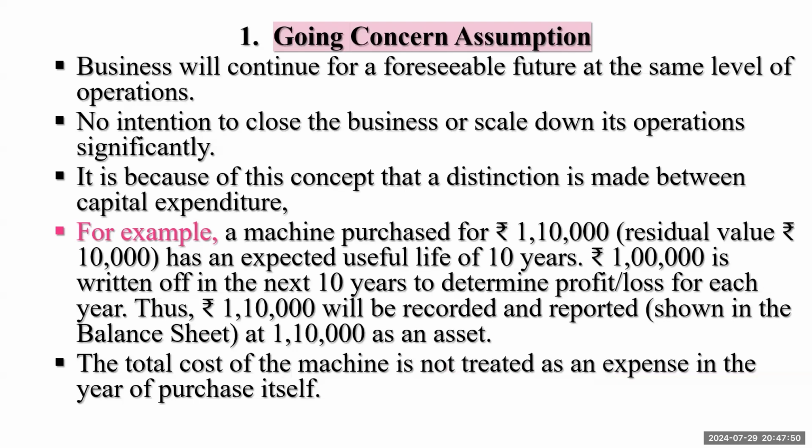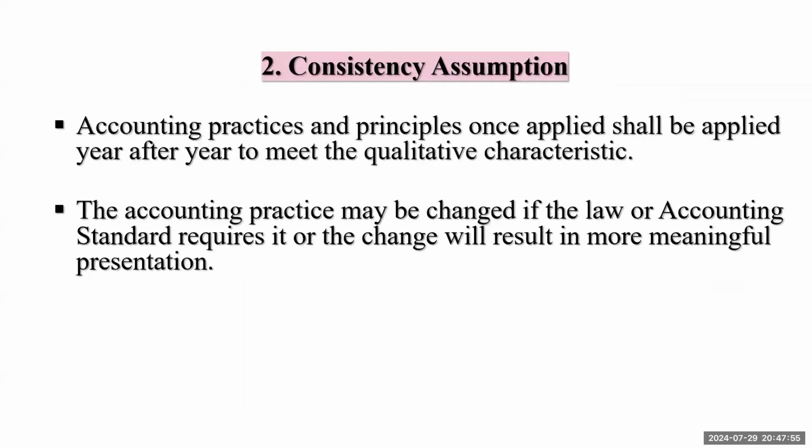Next assumption is the consistency assumption. Consistency means that accounting practices and principles are applied year after year in the same manner. The principles, the style of accounting, the treatment of a particular account is not changed year after year.